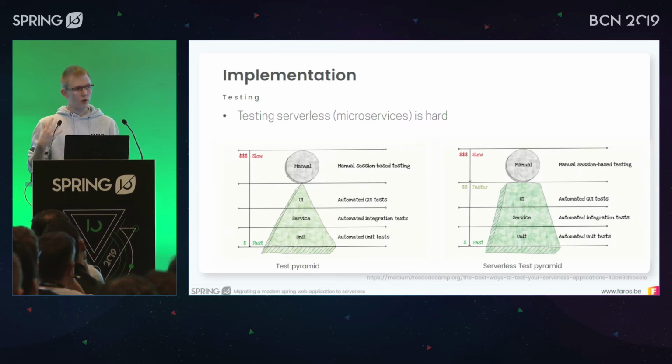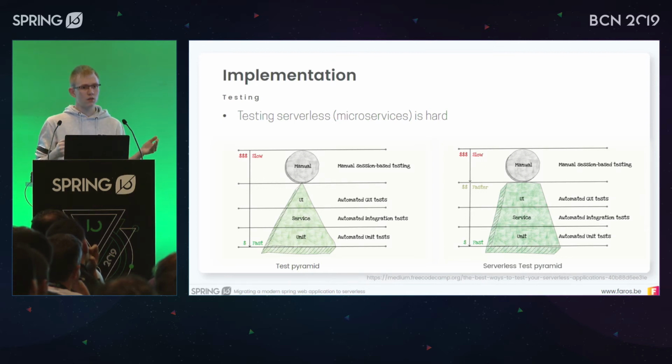Because we're thinking in serverless functions, especially functions that have to run on a platform, it happens more often that we test our functions and systems on a higher level, where we have already deployed them to the system and then test the entire flow in its entirety.